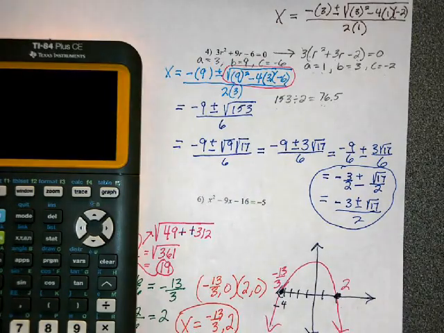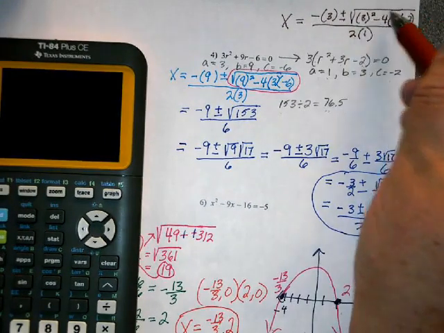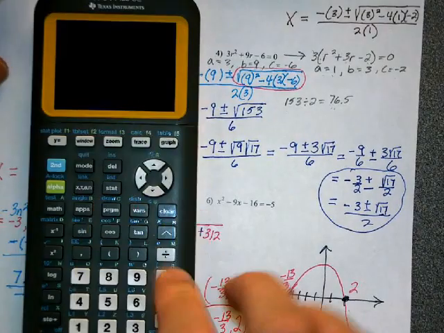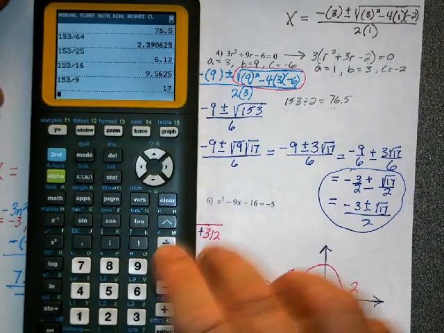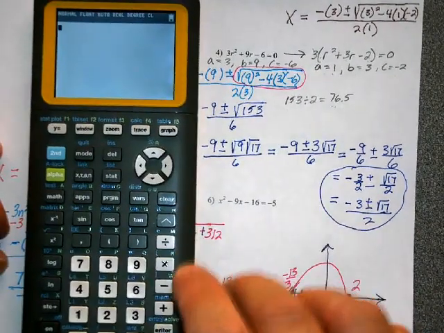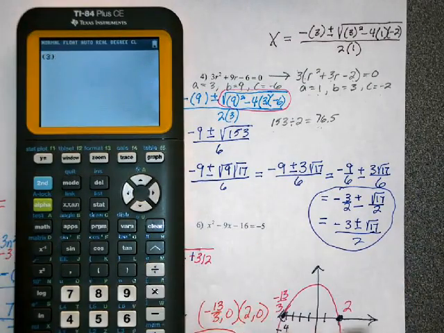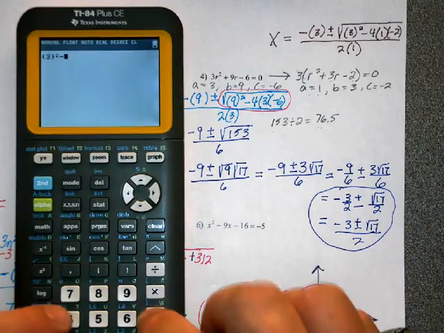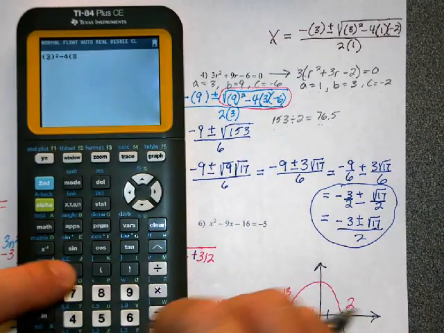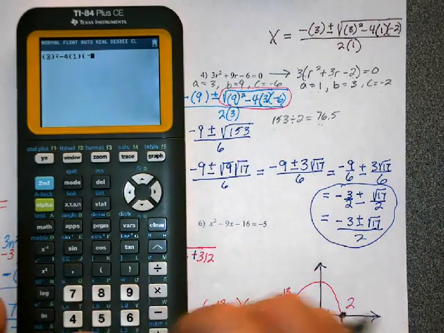Okay, let's do underneath the radical. Let's see, 3 squared minus 4 times 1 times negative 2. And I get 17.